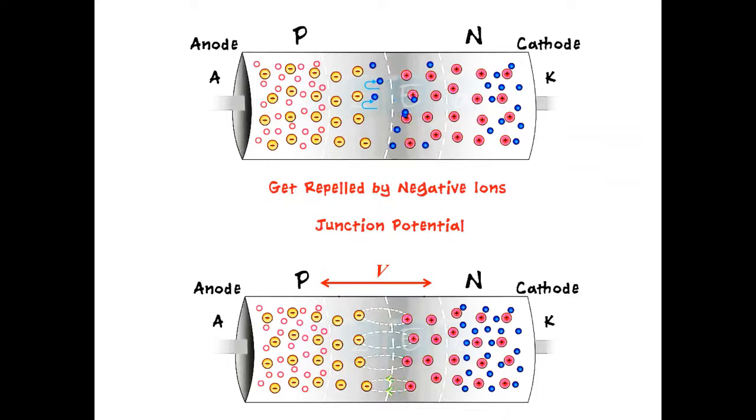This diagram shows the electron being repelled by the negative ion in the P-type semiconductor. This is what we call the junction potential, because one side has higher potential and the other side has lower potential.